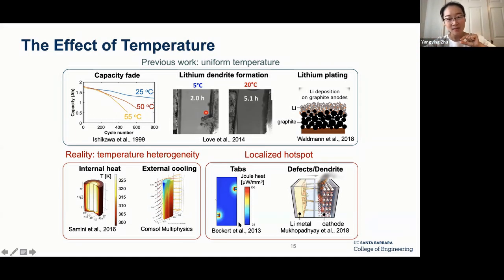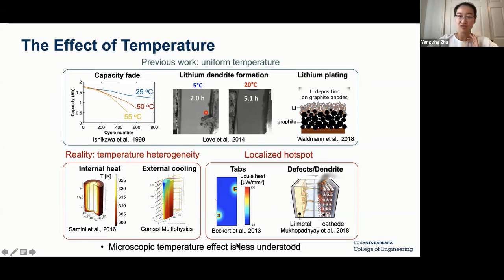At this contact tab you have localized Joule heating, and these regions have also been shown to be the first place to cause degradation and shorting. You can also have some local defect that causes the battery to internally short, and that can also cause a temperature hotspot to form. So in all those modern situations, we really need to understand how microscopic temperature distribution impacts batteries.